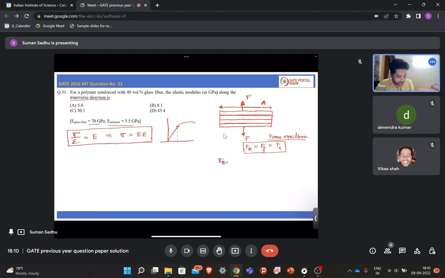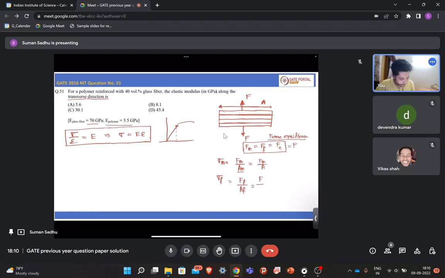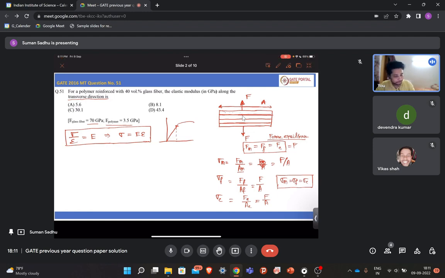Sigma M will be Fm by A. Similarly for the fiber, it will be F of fiber divided by A of fiber, which is also F by A. And similarly sigma C, the stress on the composite, will also be F by A. So what we got is sigma M is equal to sigma F is equal to sigma C. That means the stress on the matrix is equal to the stress on the fiber is equal to the stress on the composite.